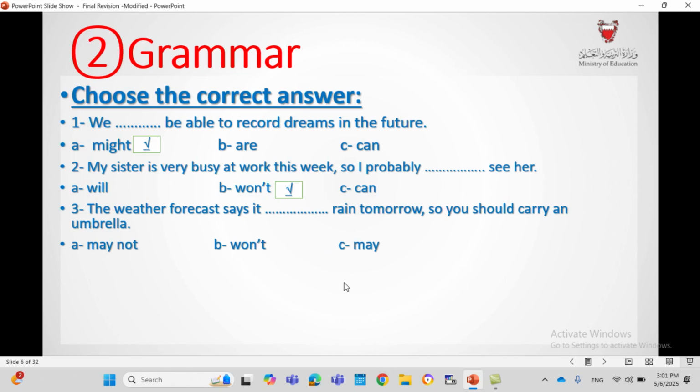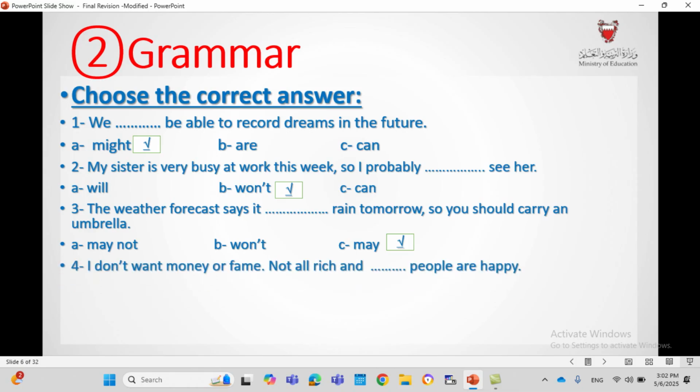The right answer, you can guess, is may rain. But why did we choose may? Simply because the writer is advising us to carry an umbrella. The weather forecast says it may rain, so you should carry an umbrella.